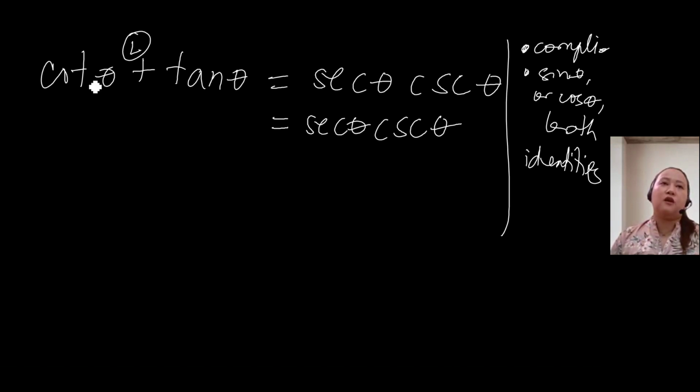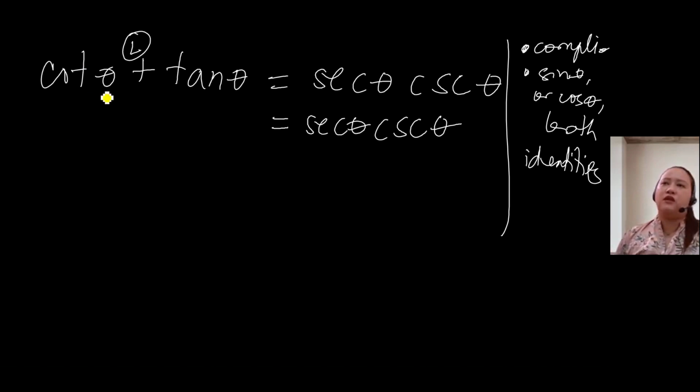So the cotangent theta, you can use the quotient identity. Or if you do not like to write this in terms of sine and cosine, since there's a tangent here, you can use Pythagorean, or whatever identity you can use.